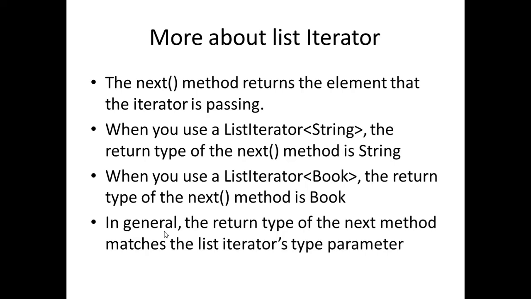Going ahead, the next method returns the element that the iterator is passing, that means of element type E. When you use a ListIterator<String>, the return type of the next method is String. When you use a ListIterator<Book>, the return type of the next method is Book. These two are picked up as they are from your book, Big Java Early Objects. You can refer to the list iterator part and you will find this over there. In general, the return type of the next method matches the list iterator's type parameter, meaning E.